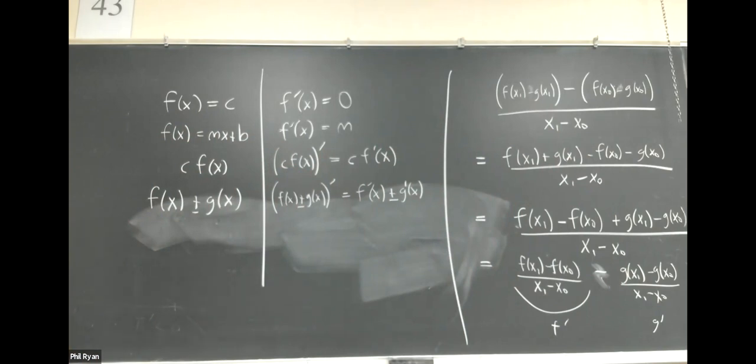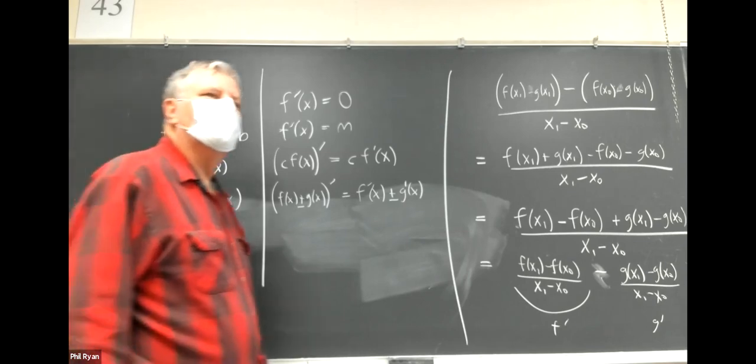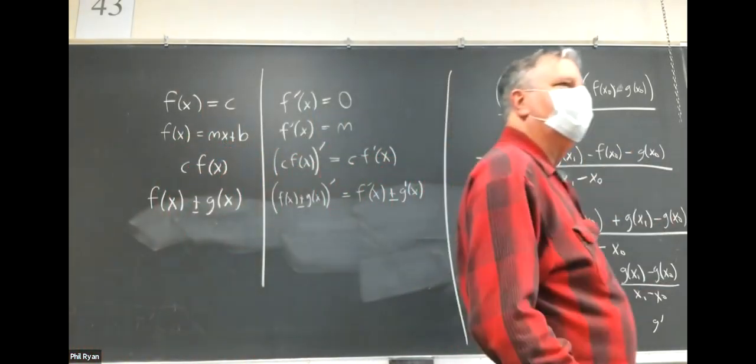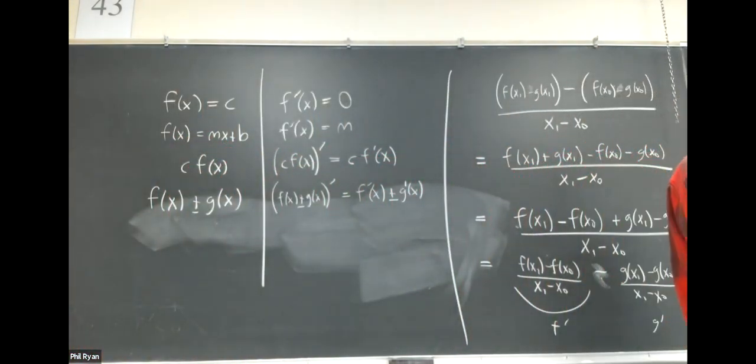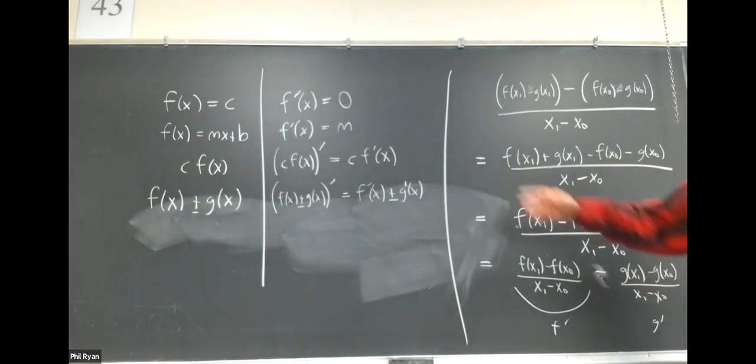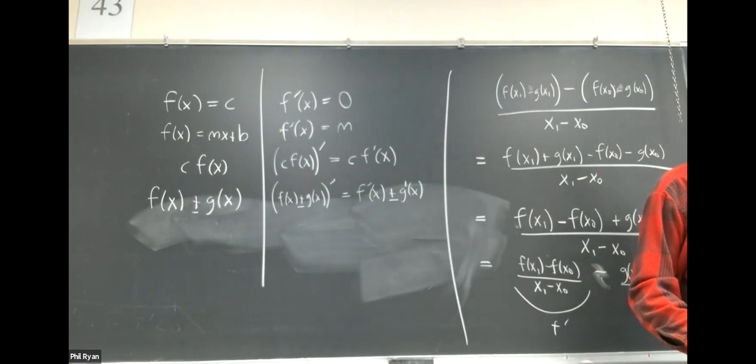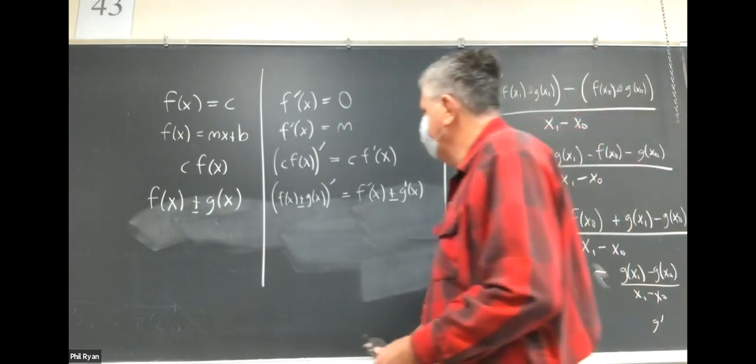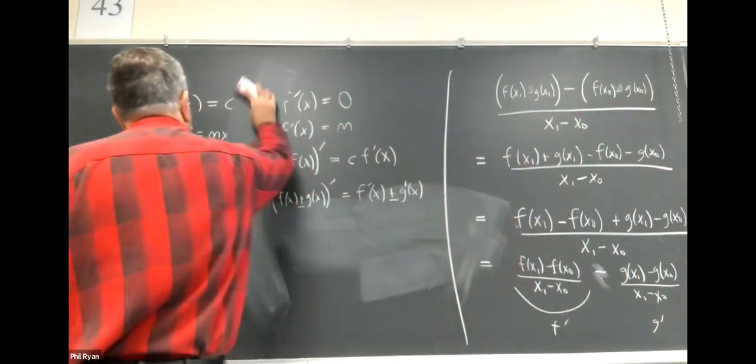Okay, so these two are examples of what I call the second type of rule, where we take derivatives of combinations. So we've actually got to start doing some derivatives of actual functions.